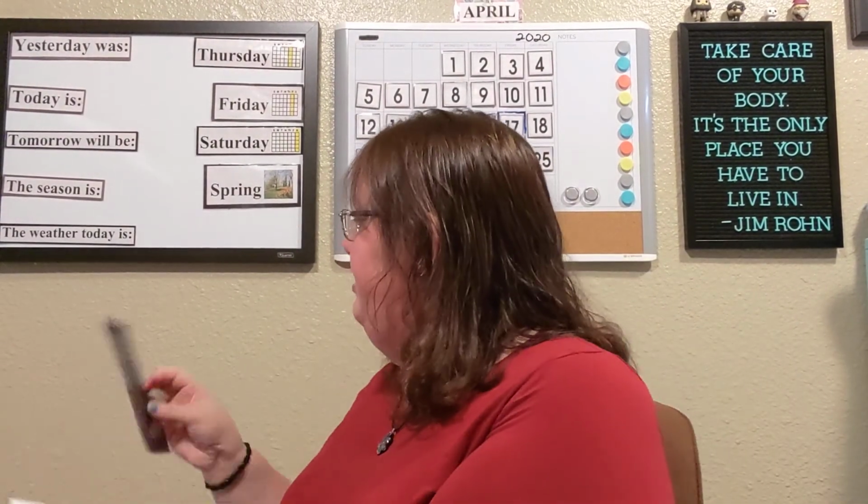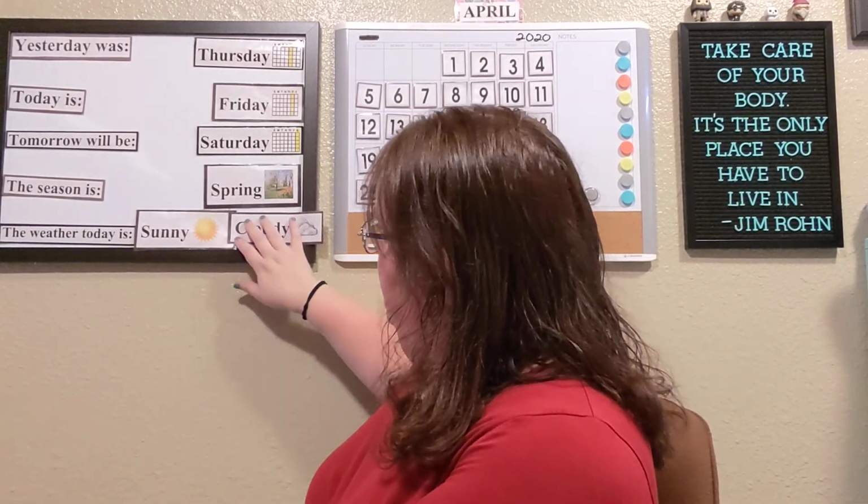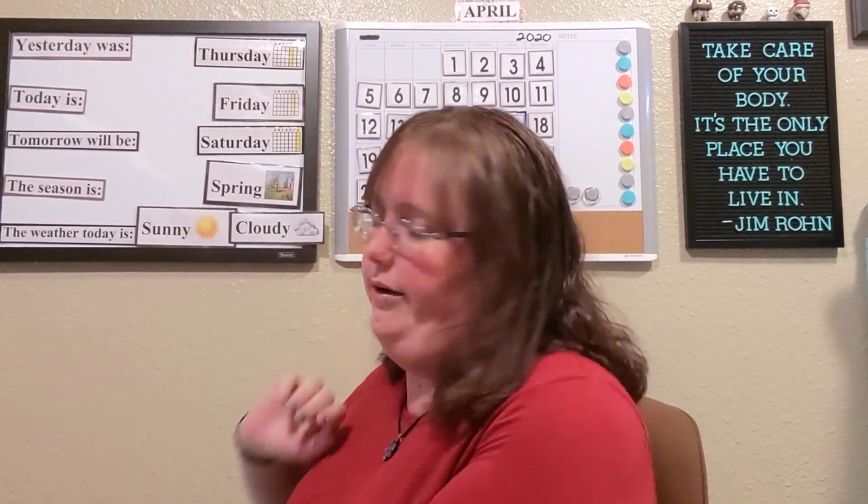I see outside my window some sun, but I also see a little bit of clouds. Looks a little cloudy today. So I wonder what it looks like outside your house.